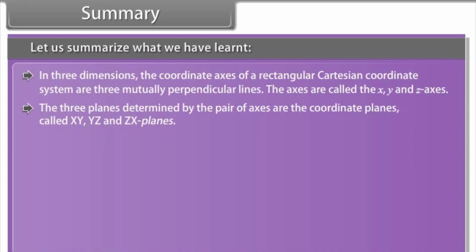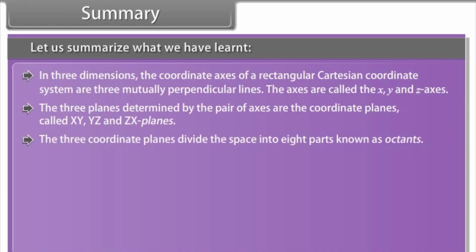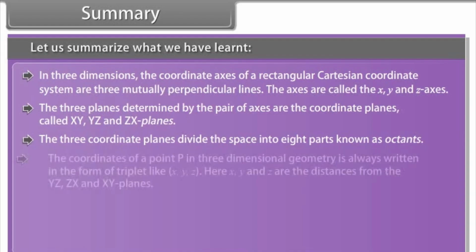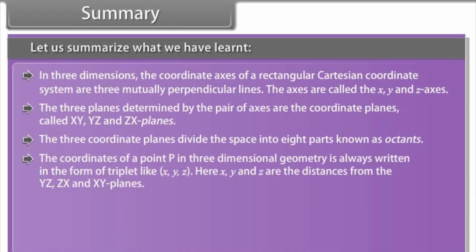The three coordinate planes divide the space into 8 parts known as octants. The coordinates of a point P in three-dimensional geometry are always written in the form of a triplet like (x, y, z). Here, x, y and z are the distances from the yz, zx and xy planes.